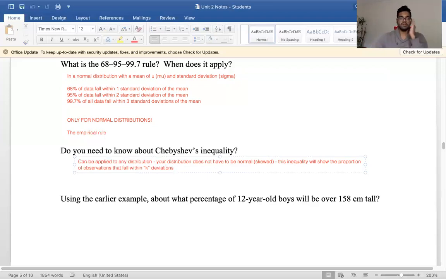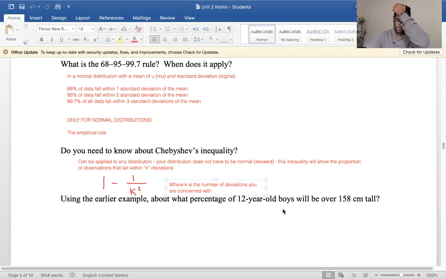Okay, and so that's the technical definition. What this means is the formula: you have 1 minus 1 over K squared, where K is the number of deviations you are concerned with.